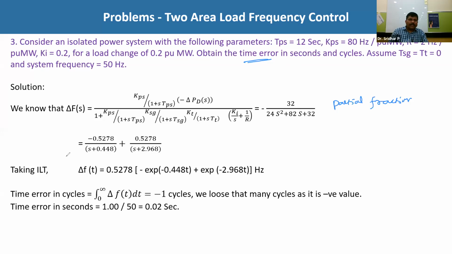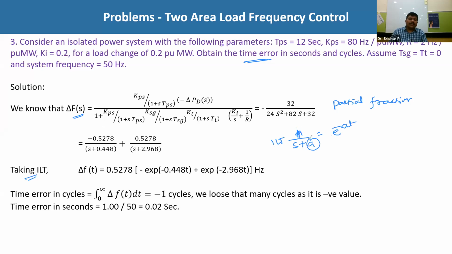After getting this, you apply the inverse Laplace transform and you will get delta F of t, because this is in the Laplace domain. You convert that into the time domain by applying the inverse Laplace transform. So delta F of t is equal to: for some constant a, 1 by s plus a, the inverse Laplace transform is e power minus a t.